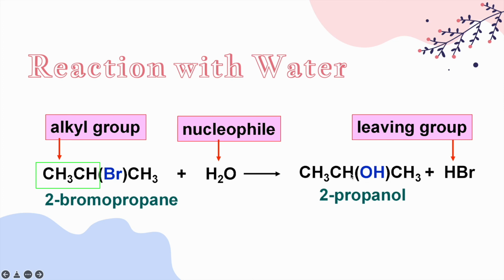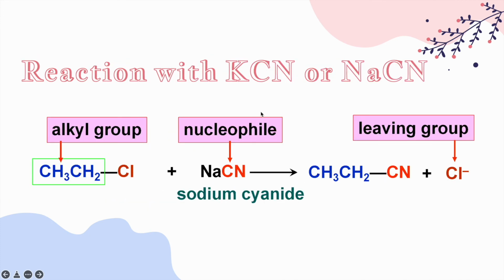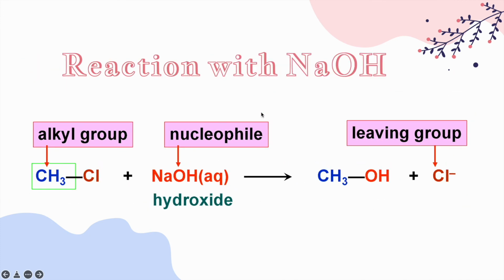Compare reaction with water and reaction with sodium hydroxide. Look at here, the alcohol is a product, OH replaces the halogen atom, in the reaction with NaOH, but the leaving group is the halide ion only.